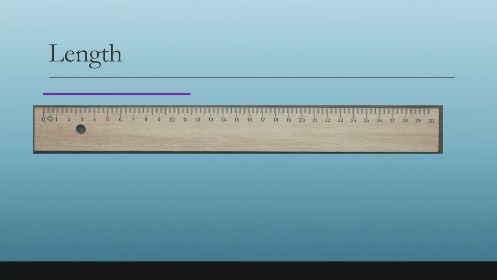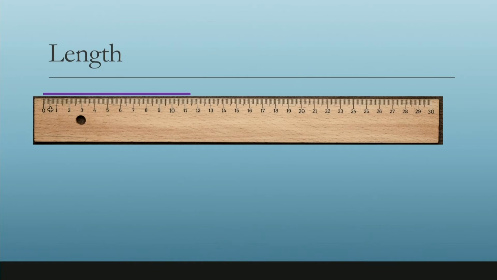Now here's my same line, but this time I have a ruler that has millimeter markings on it. So 10 millimeters is equal to 1 centimeter. And 100 centimeters is equal to 1 meter. So let's grab my magnifying glass here.